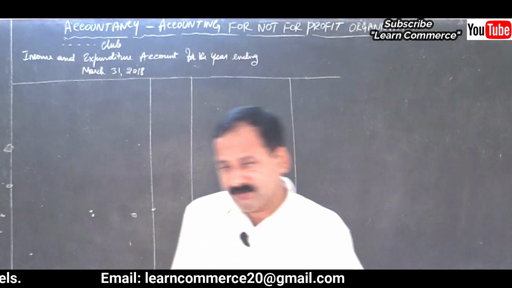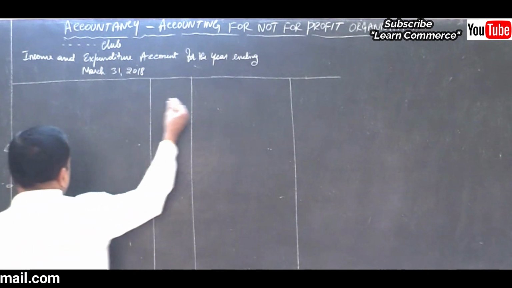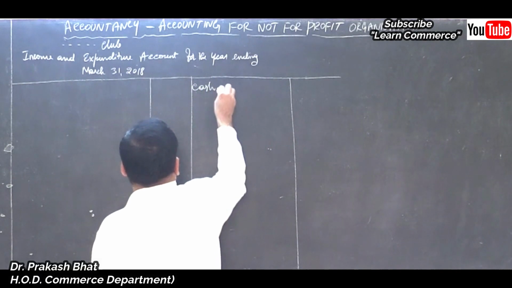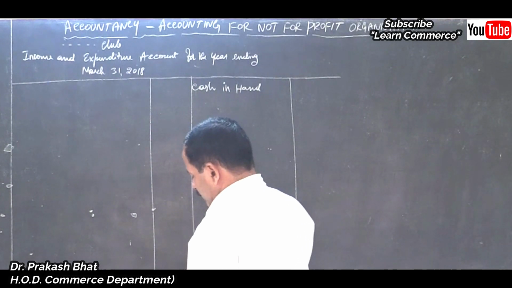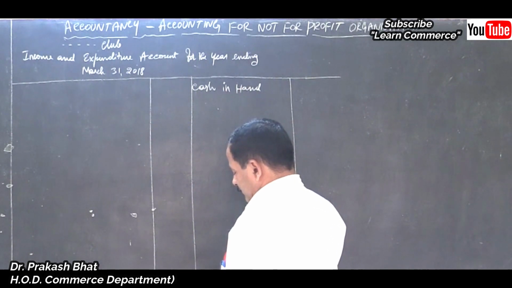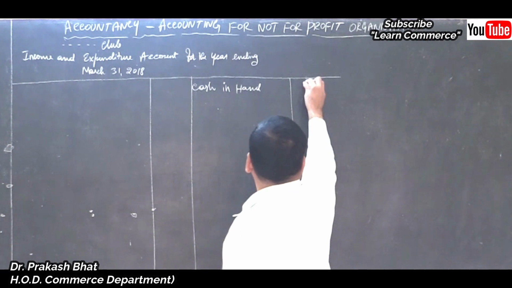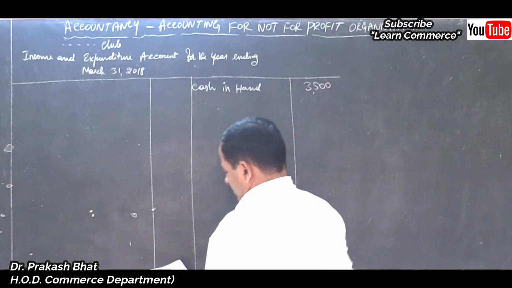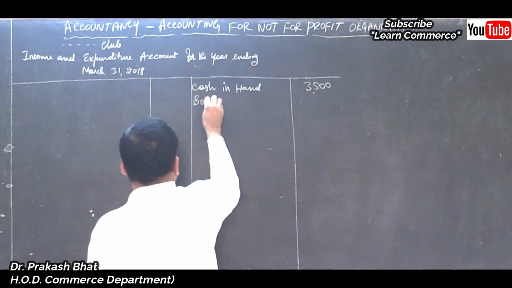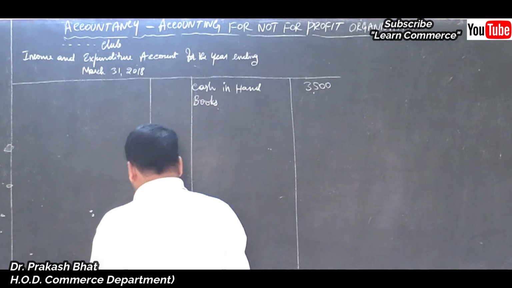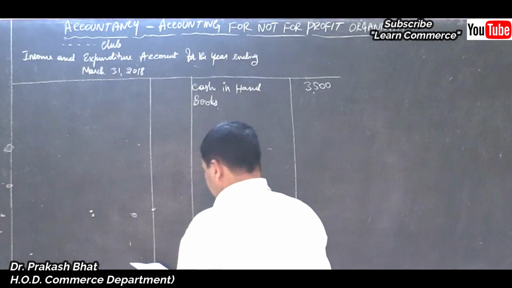Let me move on. Yes. Cash in hand. I already told you. Opening balance of receipts and payments account. That is cash in hand. How much is it? Is it 3,500? Yes, it is 3,500. Then the next one is books. Refer adjustment number 3, that is point C, isn't it? Opening assets are given, 6,200.